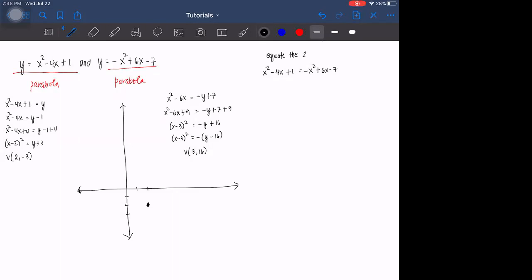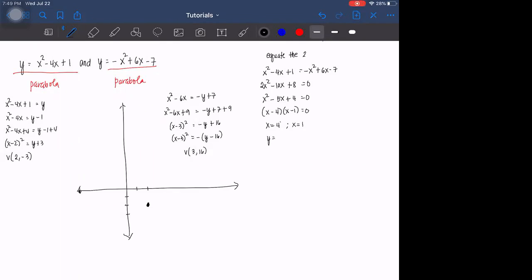Transposing everything to the left, we get 2x squared minus 10x plus 8 equals 0. Dividing by 2: x squared minus 5x plus 4 equals 0. Factoring, (x minus 4)(x minus 1) equals 0. So x equals 4 and x equals 1. If x is equal to 4, what is y? 4 times 4 is 16, minus 16, plus 1.